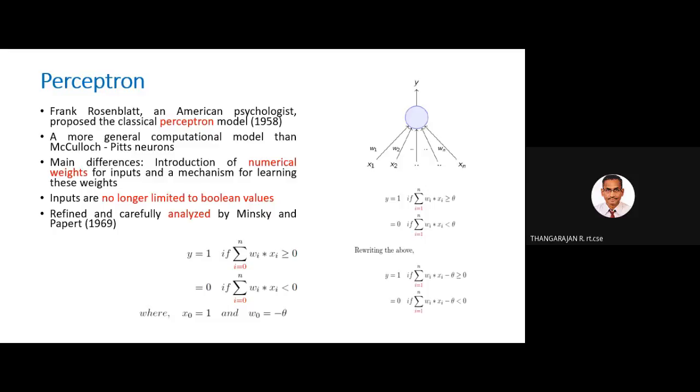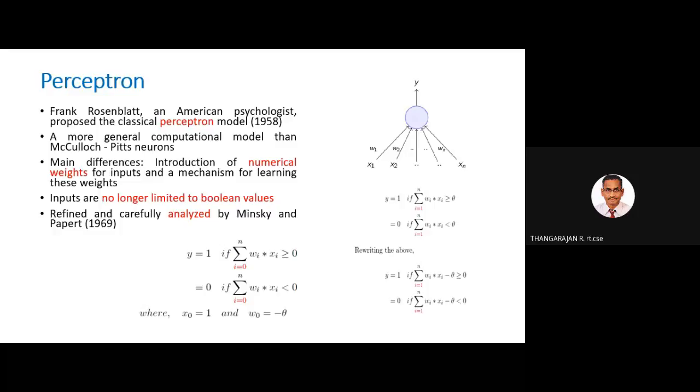The equation is y equals 1 if the summation for i equal to 1 to n of wi xi is greater than or equal to the threshold theta. If the weighted sum is less than the threshold, the output is 0.